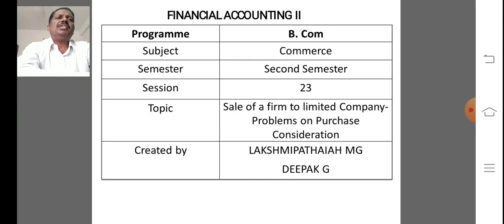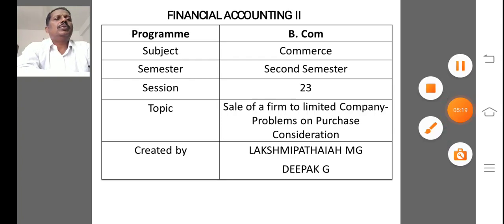Purchase consideration is equal to total assets taken over at agreed value minus total liabilities taken over at agreed value by the purchasing company.